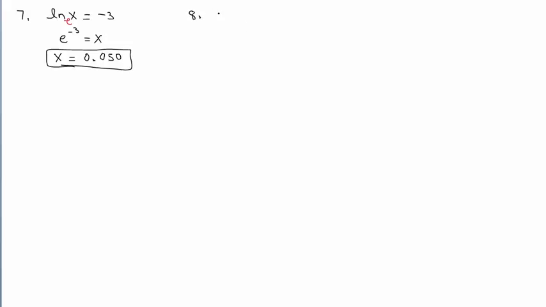Well, let's take a look at problem number 8. All right, so our approach to solve this equation: notice that you have one log term on both sides of the equal sign, and that's all you have.